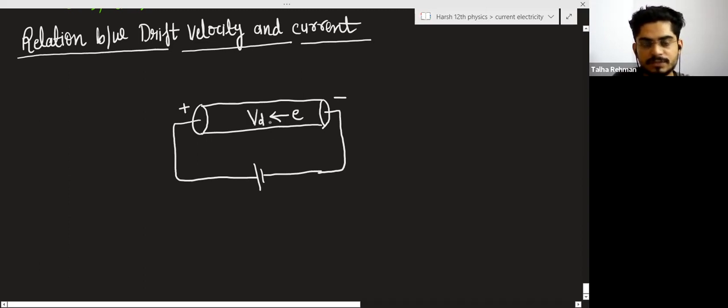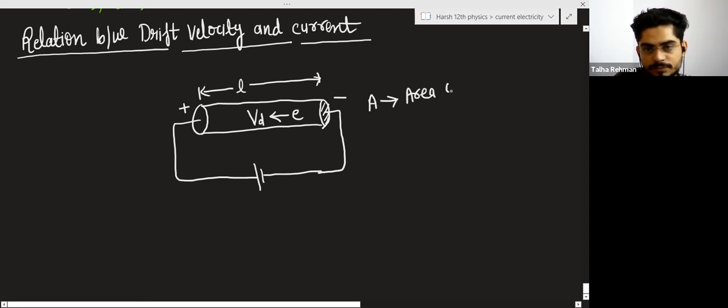We have discussed this. L is the length of the conductor and A is the area of cross section of the conductor.